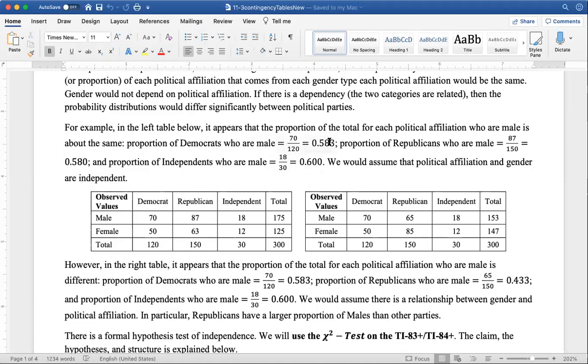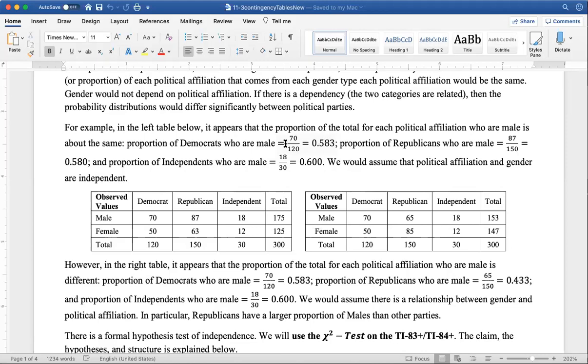For Republicans, we take the number of male Republicans and divide by the total number of Republicans, and we get about 0.580, very close to 0.583. And then for independents, we have 18 independents who are male out of the 30 independents, and that turns out to be a proportion of males equal to 60% or 0.60.